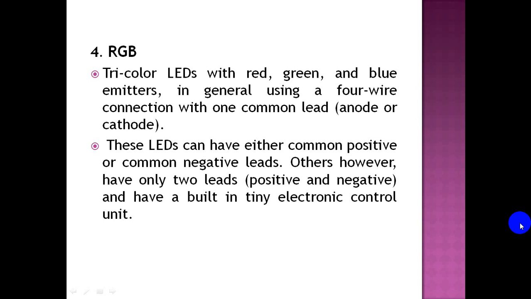Tricolor LEDs with green, red and blue emitters, in general using a 4-wire connection with one common lead, anode or cathode. These LEDs can have either common positive or common negative leads. Others, however, have only two leads and have a built-in tiny electronic control unit.